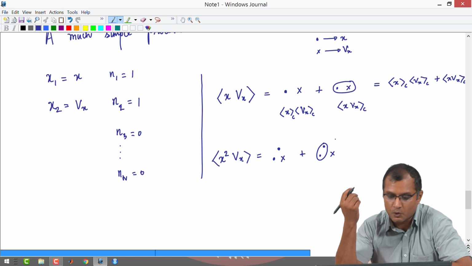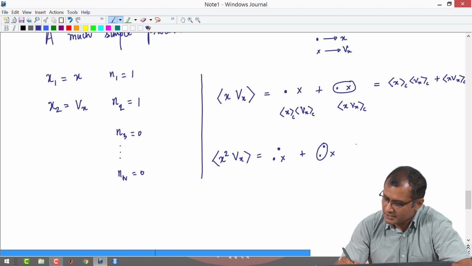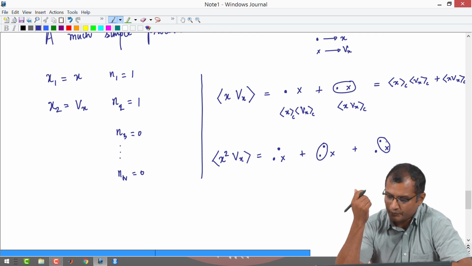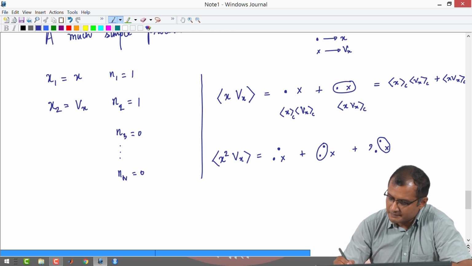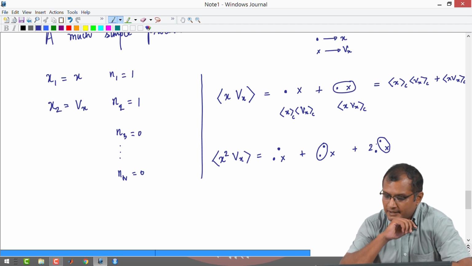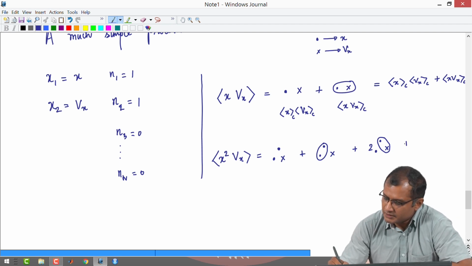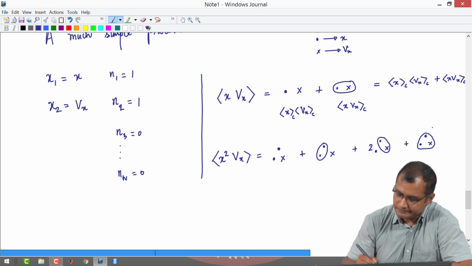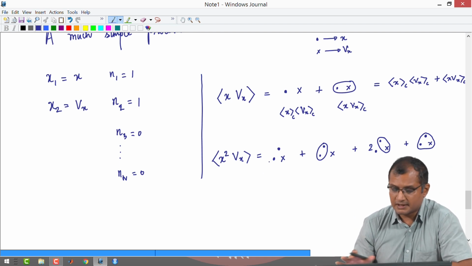There is only one way you can do it. The other way is to connect a dot and the cross and leave the other dot alone. You can do it in two ways. And finally, you can connect all of them.